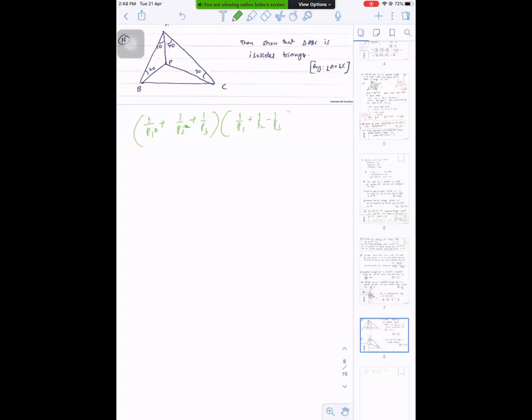For the second part we take the cycle, sigma. That is equal to 1 by delta square.